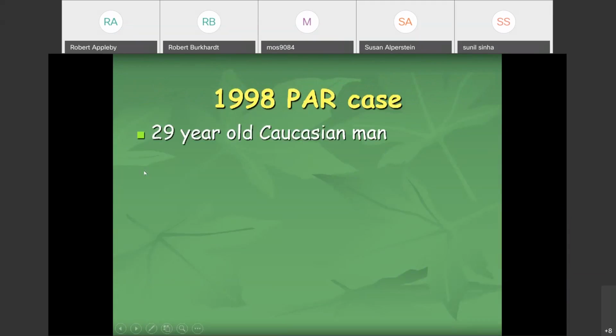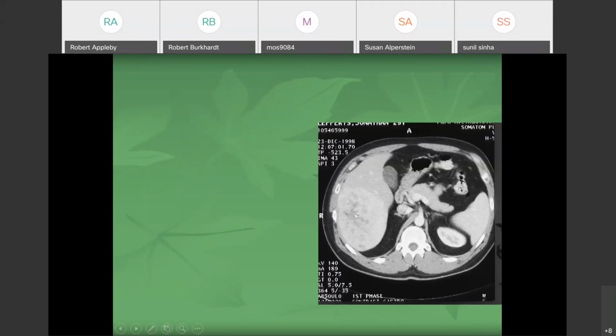A case had a young man, he's fine except increased liver function test. CT shows a big liver mass, but he looks fine, just elevated liver function test.